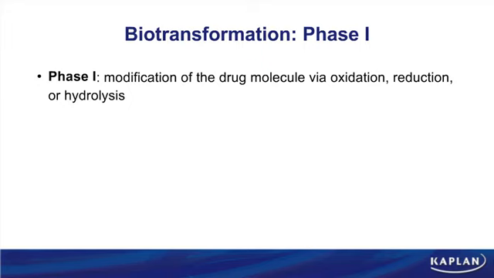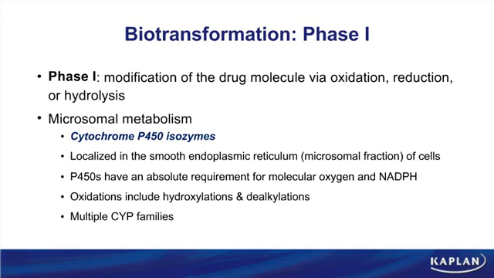Probably a better way to think about metabolism is that there are two types of reactions. There's the first type, which we call phase 1, and a second type, which we call phase 2. Phase 1 most often involves enzymes called cytochrome P450s. Cytochrome P450 enzymes are really a number of enzymes.